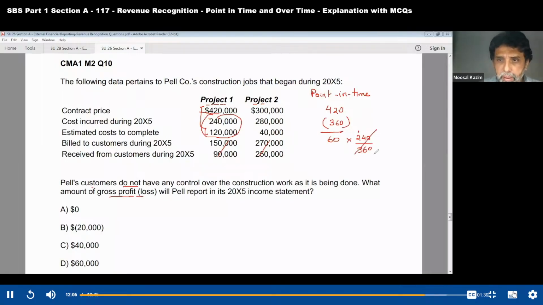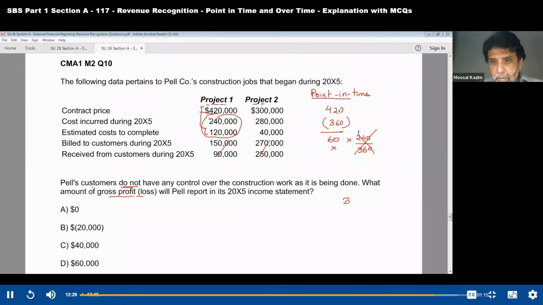You will not apply this because it is point in time. You will not recognize any profit because the customers do not have control. So you will have to recognize revenue once you hand over the project to the customer. Customer is not getting any benefit before that. Right. So you will not recognize this profit.